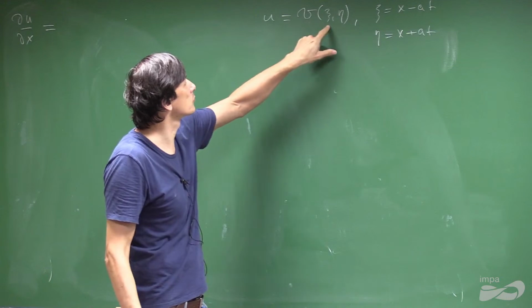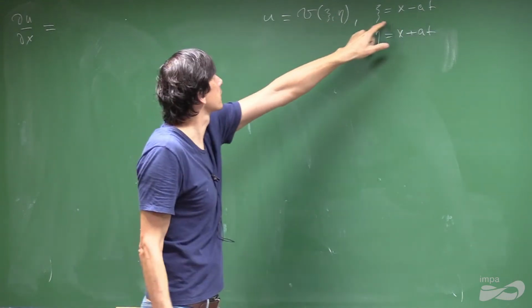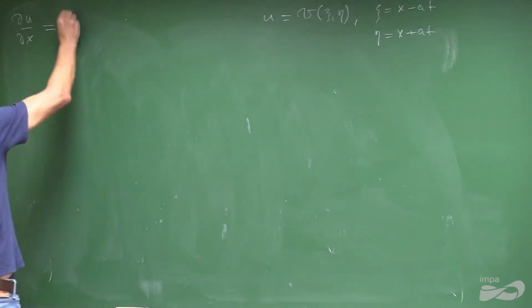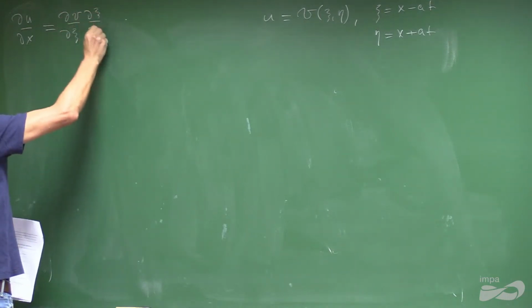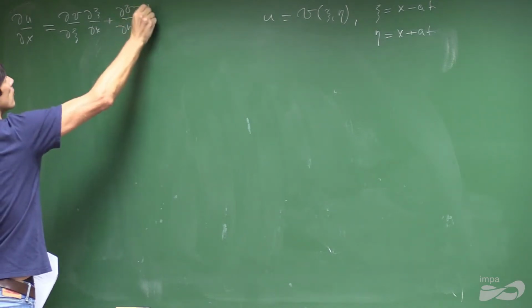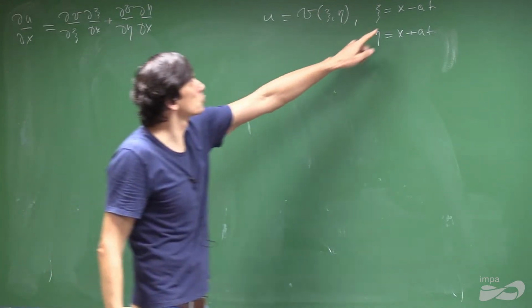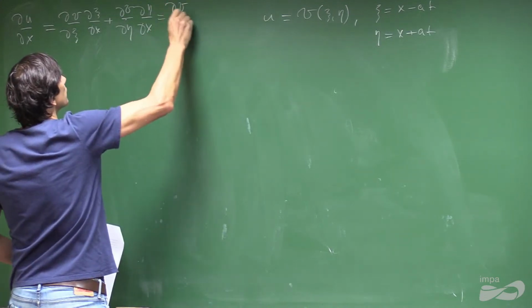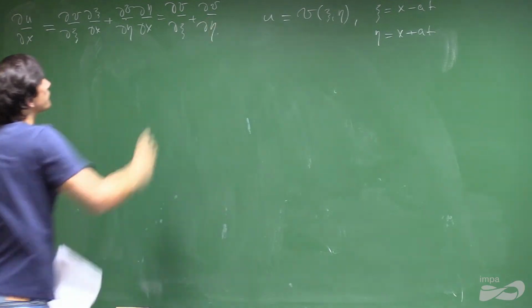We differentiate with respect to xi with respect to x, and then with respect to eta with respect to x. Now these two derivatives are both 1. So we just have d dx equals d xi plus d eta of v.